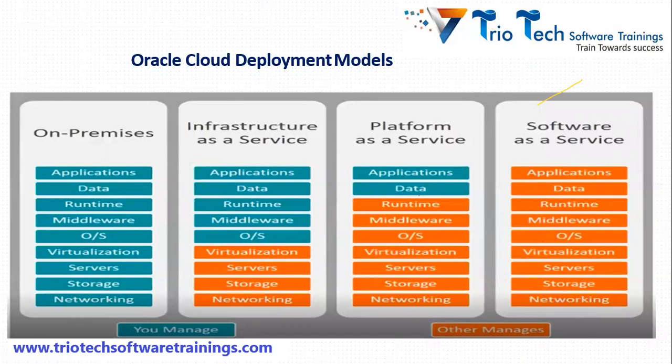and the database of the standard applications. The operating systems, servers, storage, networking, everything will be on the Oracle cloud servers. Everything will be managed by Oracle Cloud. Nothing has to be installed on the client premises.